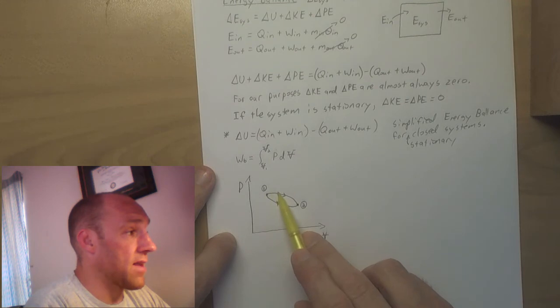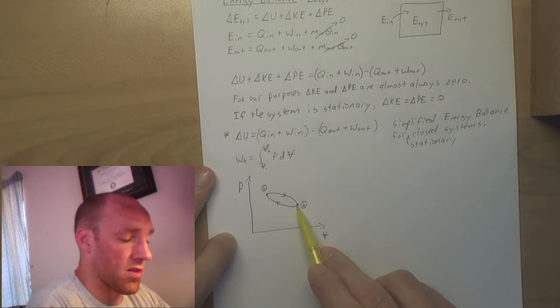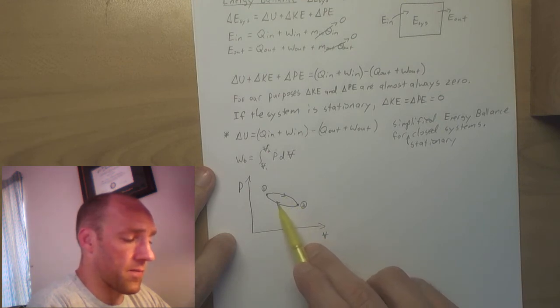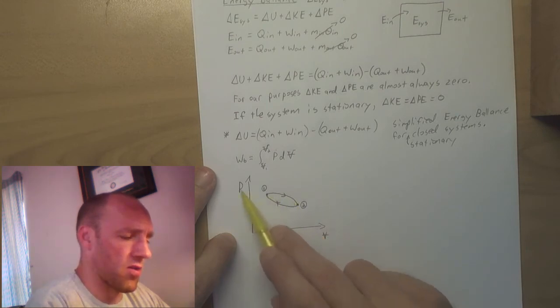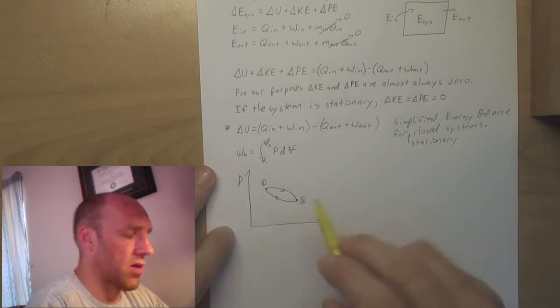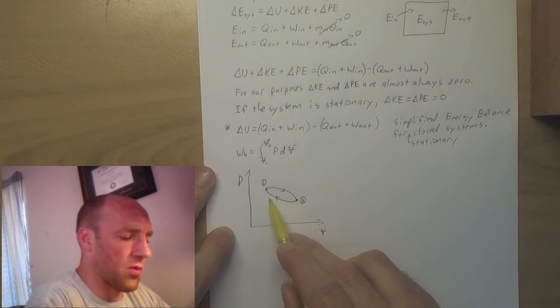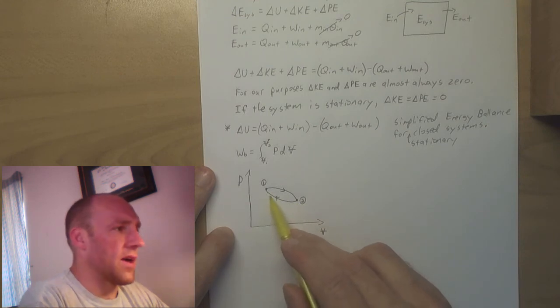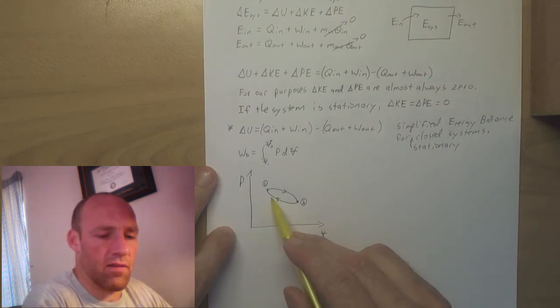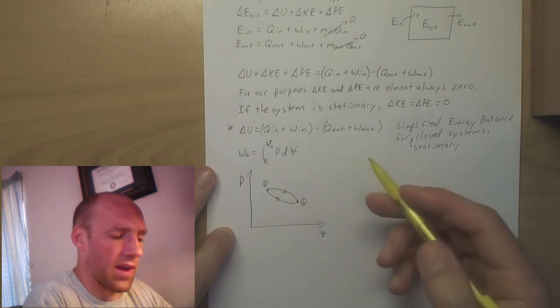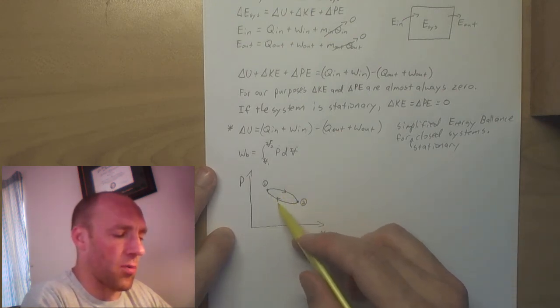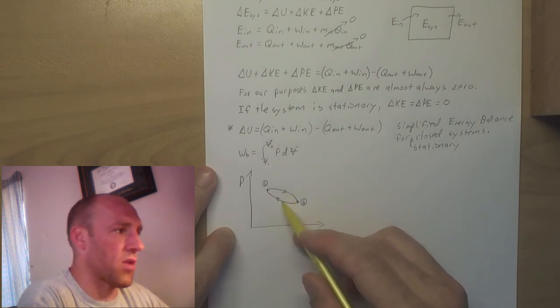So I expand the system under a certain set of constraints, and then compress the system via another set of constraints. I'll get two paths in the PV diagram. Maybe this process here would be constant temperature. Maybe this line here might be a process by which I insulate it, so it's not constant temperature, but maybe no heat is allowed to cross the boundary. But there's some difference between these two processes.